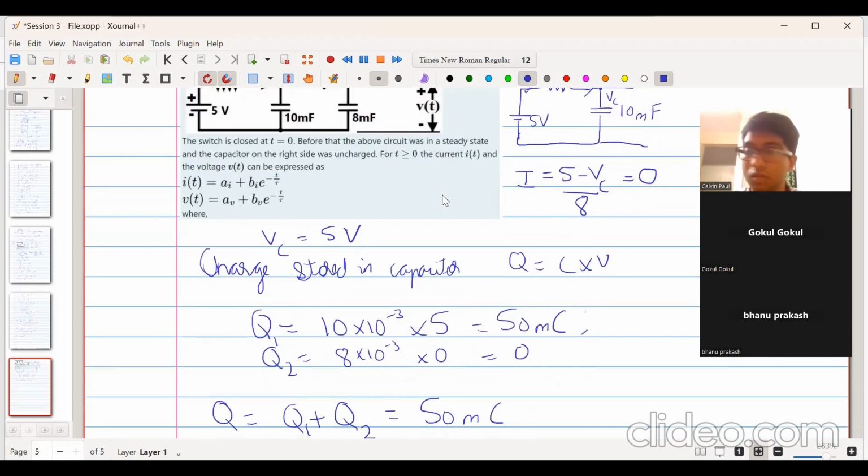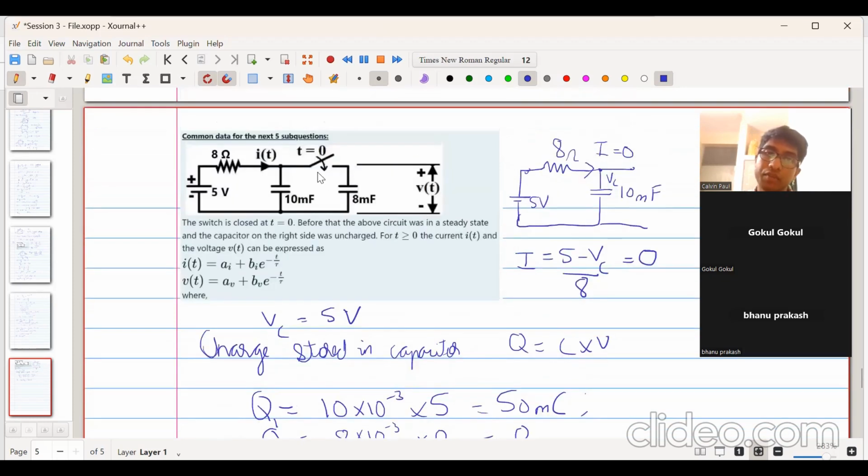No, sir. Okay. Now, when we close the switch at t equal to 0, what will be the effective initial voltage across both the capacitors? See, when you close the switch at time t equal to 0, both the capacitors are in parallel, so the voltage across both must be equal. But before closing the switch, the voltage across one capacitor was 5 volt and across the other was 0 volt.